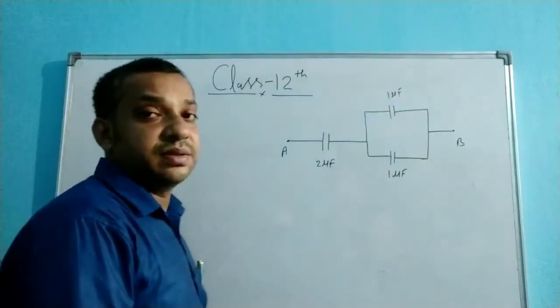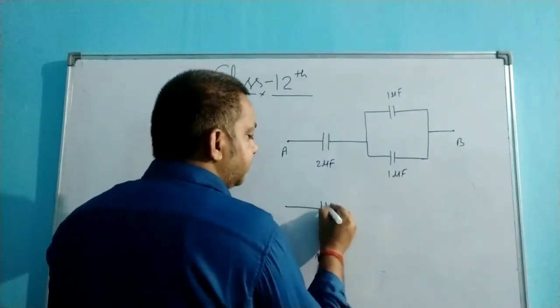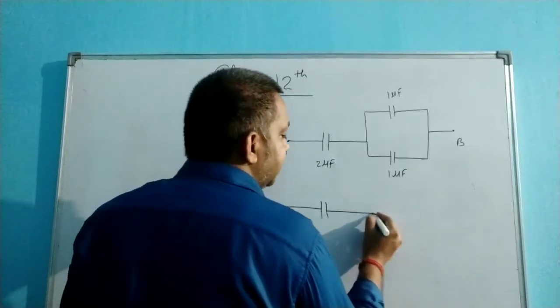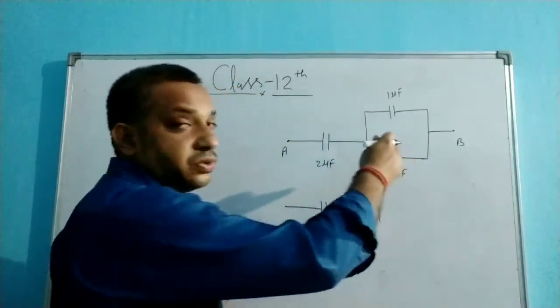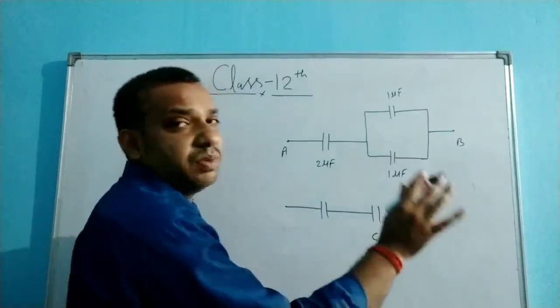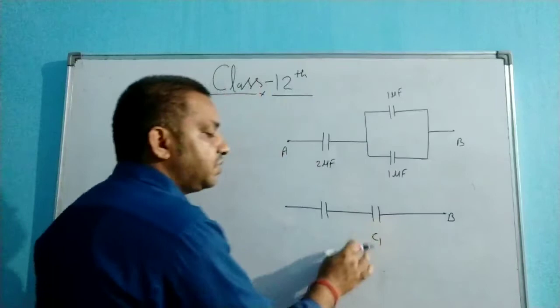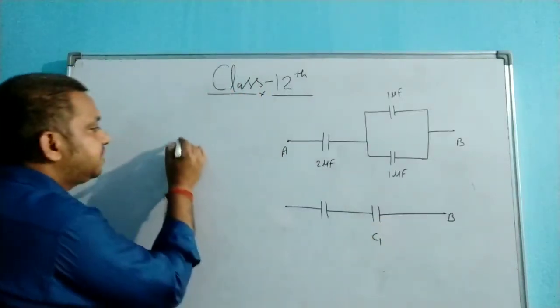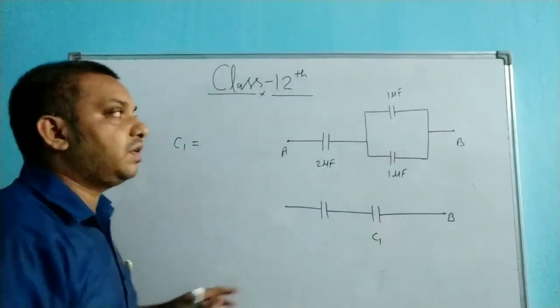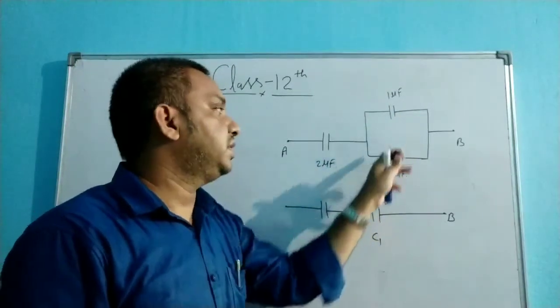So you will write a simplified circuit. This is your A point. This is your 2 microfarad capacitor, and in place of these two capacitors, we can use only one capacitor, which I am assuming is C1. So this is your B point. What is the value of this C1? C1 is basically the C net of these two parallel capacitors.